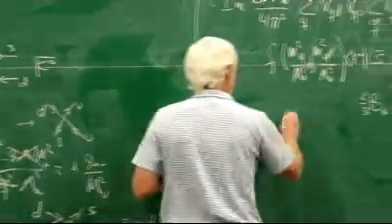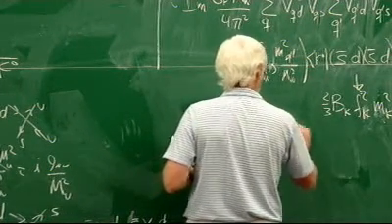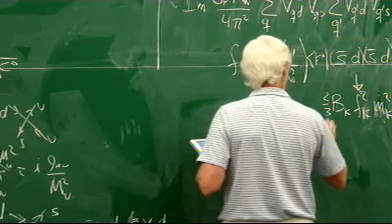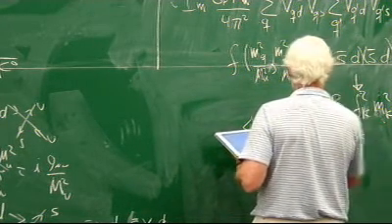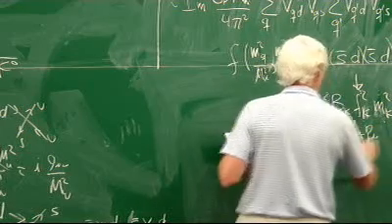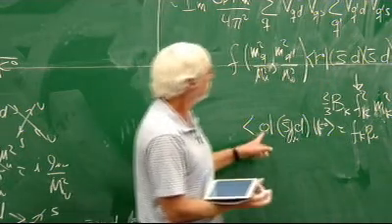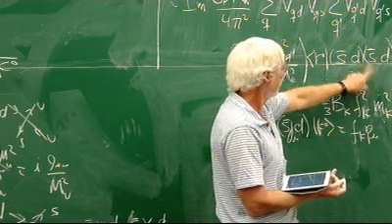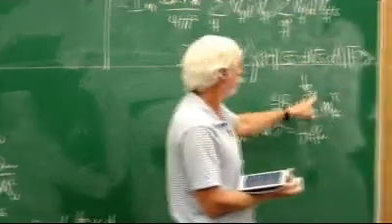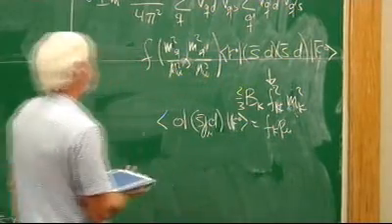And use the fact that the matrix element of the axial current between 0 and the kaon is F_K P mu. So that defines F_K, and that tells you that if you insert the vacuum state here in the middle, you will get an F_K squared times P mu times P mu, but P squared is M_K squared, so you see where that comes from.